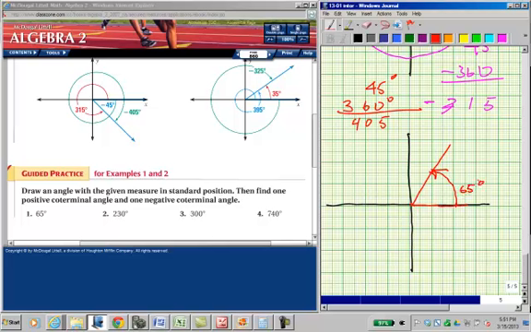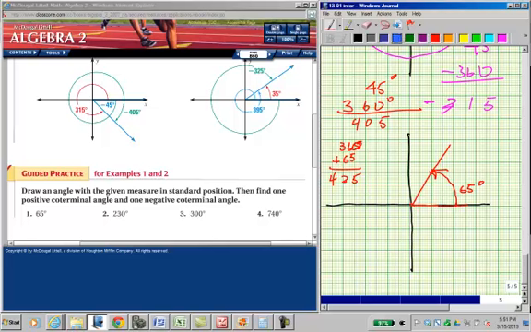Now we'll do 360 plus 65, so that's 425. Let's double check: we're adding 360 degrees to 65, and that'll be 425.